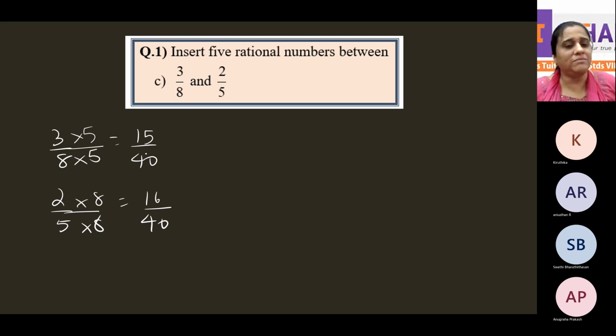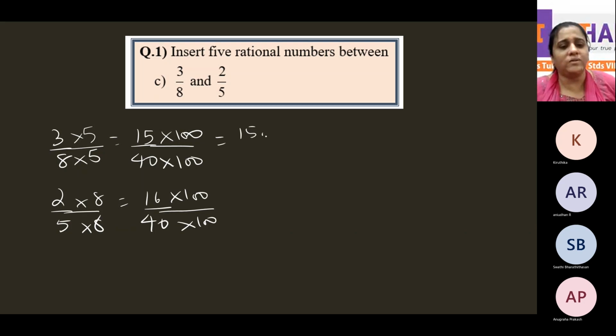Correct? So now 15 by 40 and 16 by 40, there is no space in the numerator. So you can widen the space by multiplying by any number, like 100 and 100. So multiply this also by 100. What do you get?